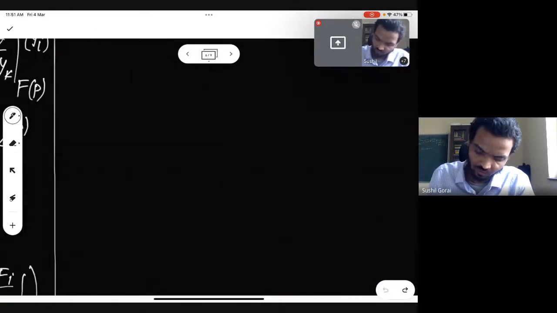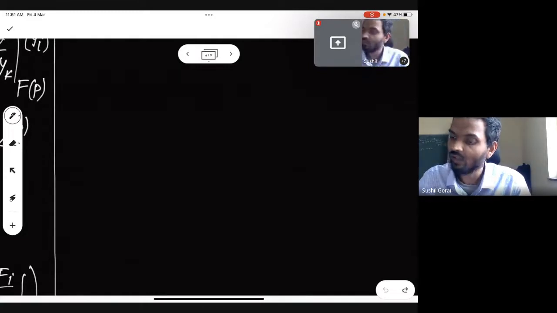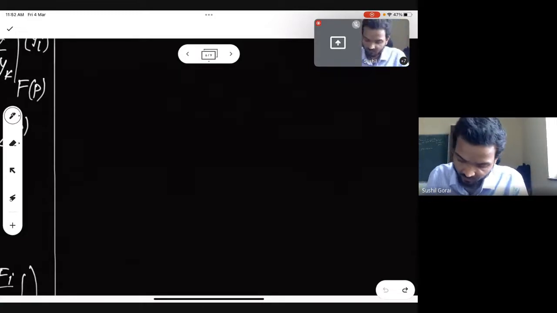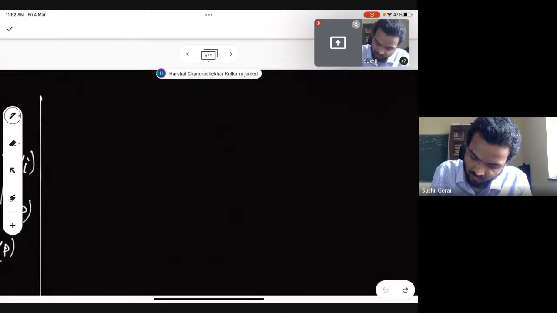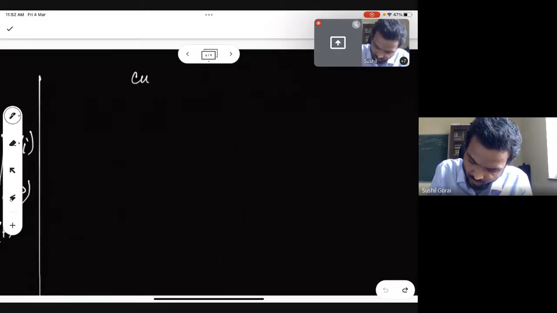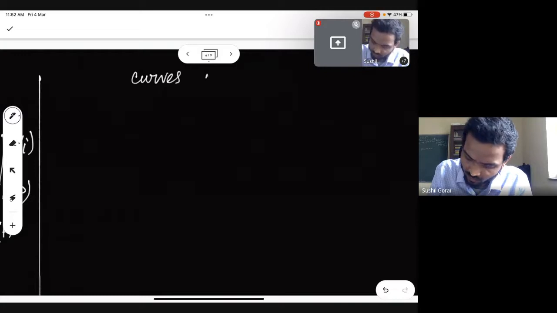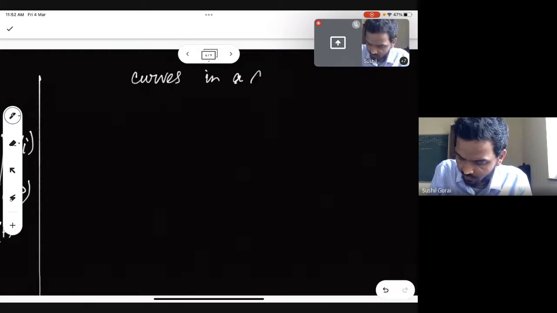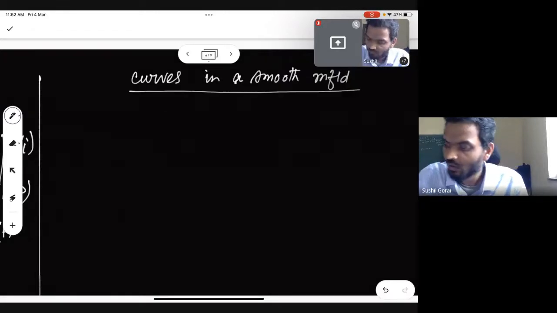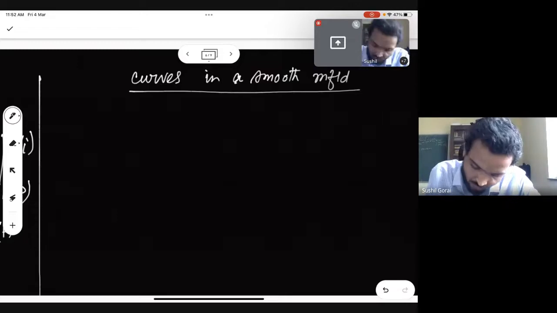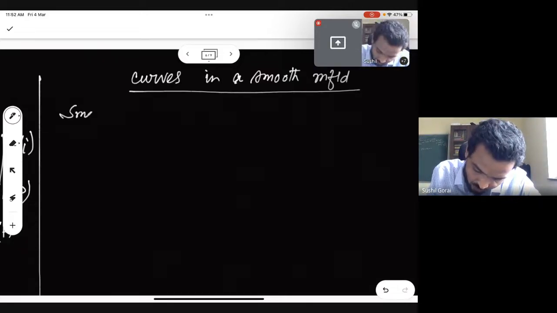All right. So next we look at curves. Curves in a manifold. So what is a curve? We'll always look at smooth curves.